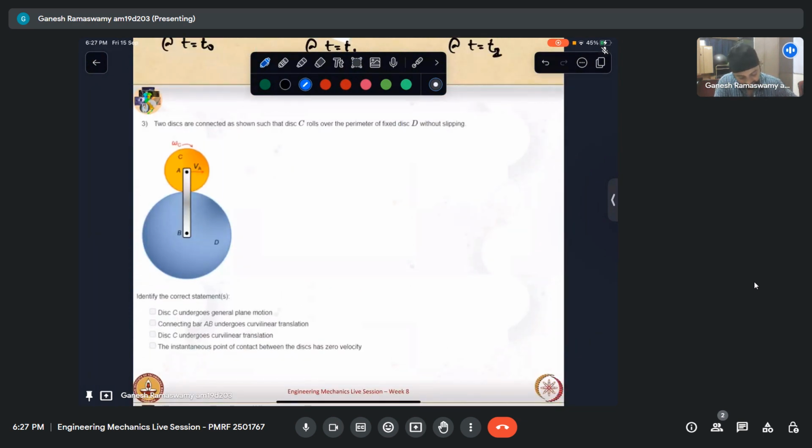It says two disks are connected such that the disk C rolls over the perimeter of the fixed disk D without slipping. So we have a fixed disk here. This is my fixed disk. And then I have my smaller disk here, which rolls over the perimeter of the fixed disk without slipping.